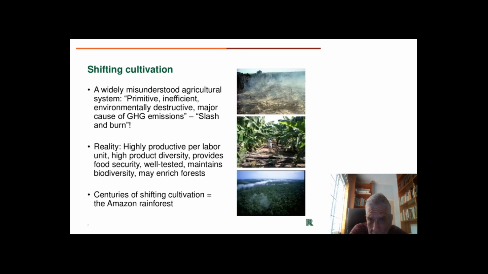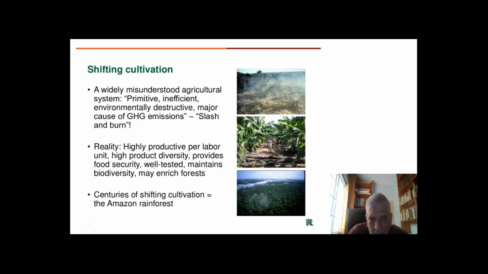It does use slash and burn, but not nearly on the scale that is carried out for commercial processes, and the land is given time to recover, and only a small amount is used.